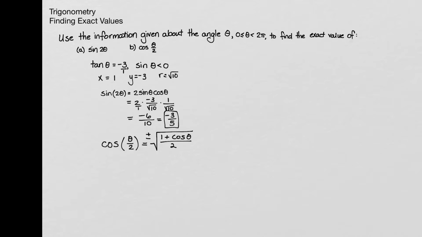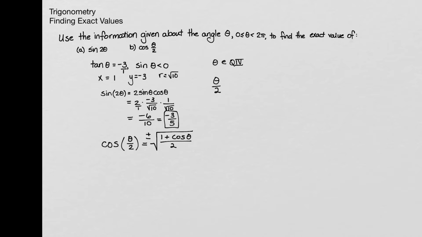All right, so looking at this, what did we determine earlier? We determined that theta must be in quadrant 4 because y is negative and x is positive. So if theta is in quadrant 4, then I need to know where is theta over 2. That's my question, because I need to know if the cosine is going to turn out positive or negative.